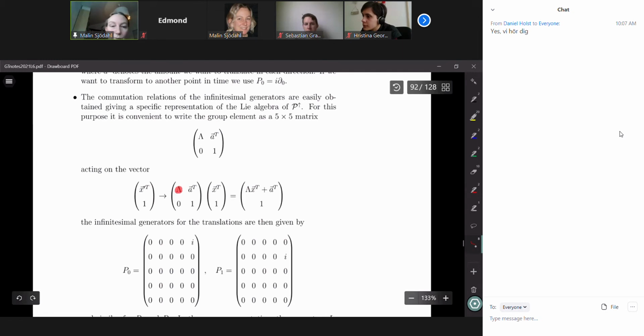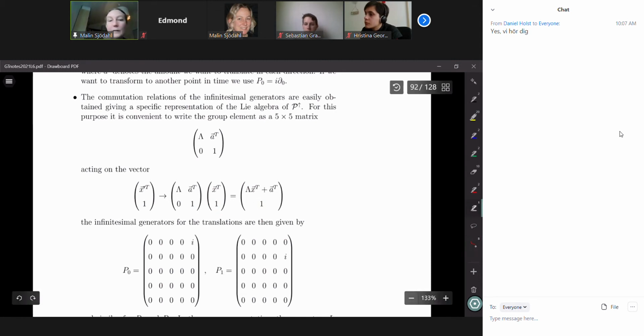So of course, from the first element we have lambda times x, and then this one will be hit by this a vector transpose. So this one just goes here. The lower component will be this vector multiplying this guy, so it will be just the 1 hitting the 1 there, so it will remain a 1.